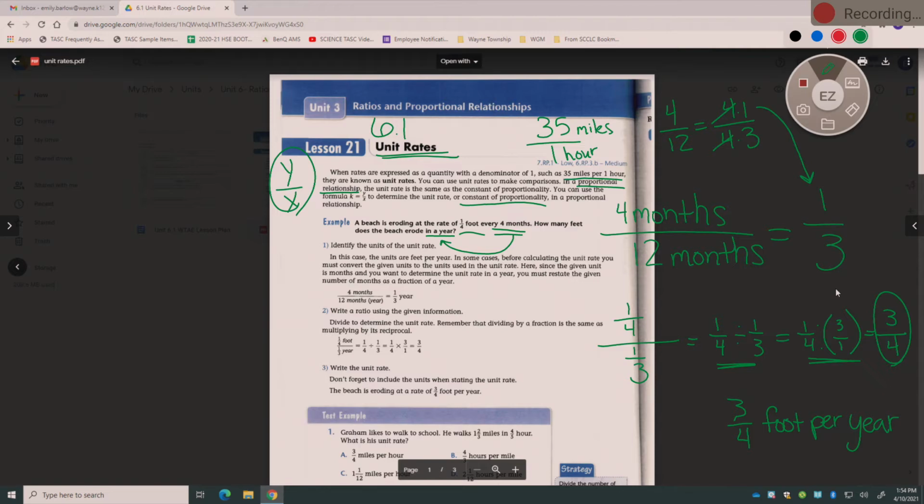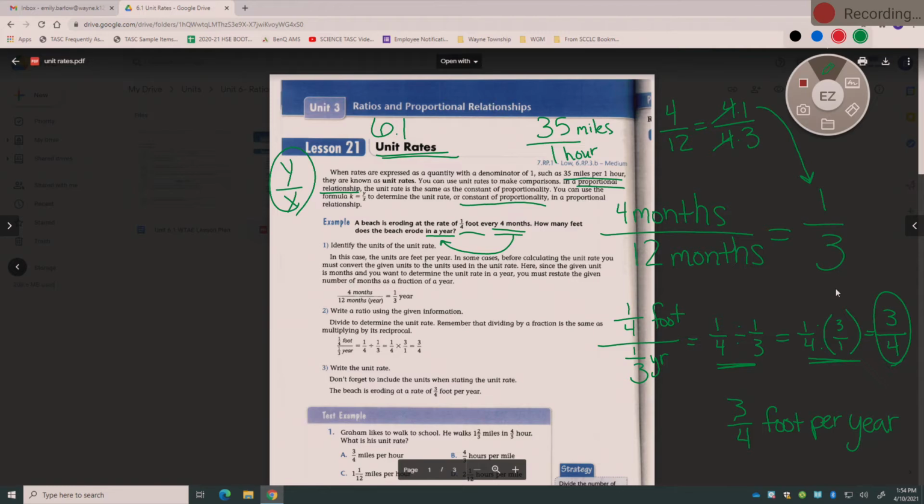So that's that first example. First thing we had to do was figure out that 4 months out of a year is 1/3 of that year. And then we put the feet, the 1/4 foot, over the 1/3 year. And we mathed it out.